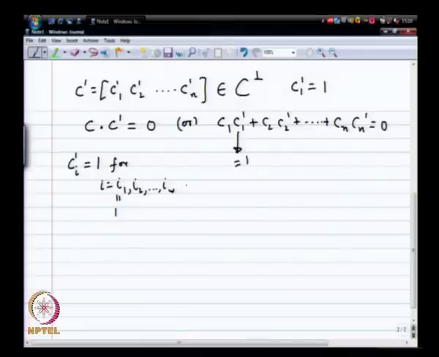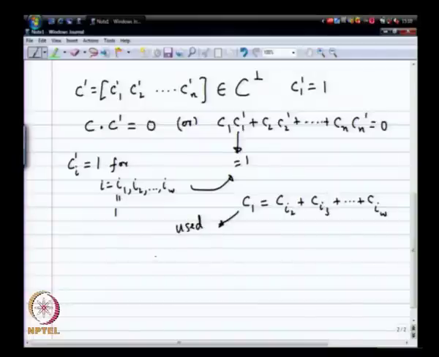If you plug this into this equation, you would get C1 equals C_i2 XOR C_i3 XOR so on till C_iW. So every code word of the dual which has C prime 1 equal to 1 gives you a parity check equation involving C1. This can be used for getting extrinsic information.